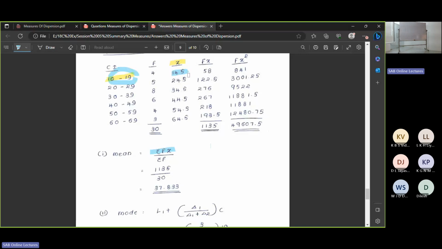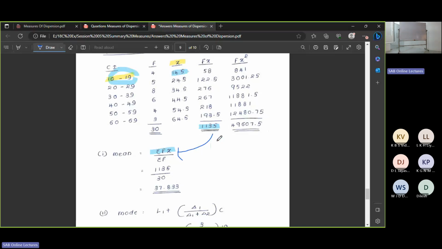Then we take the sum. The sum of these 4 observations is 14.5 into 4. Then add them together, and we can take the sum of all the observations. It's clear?